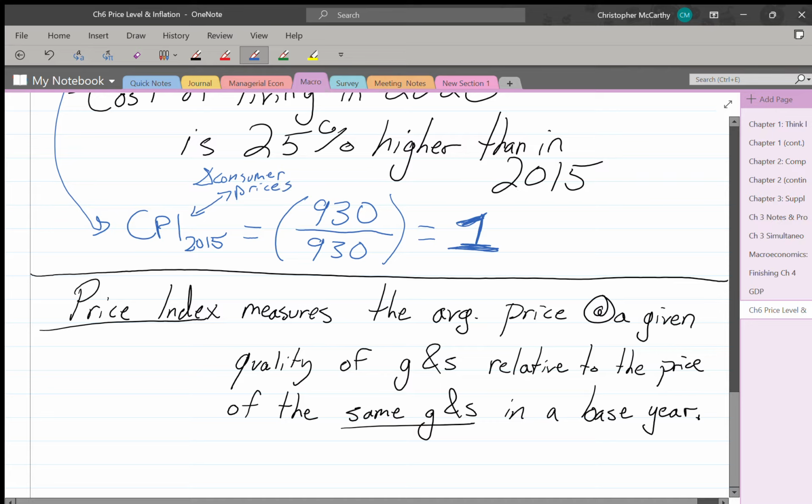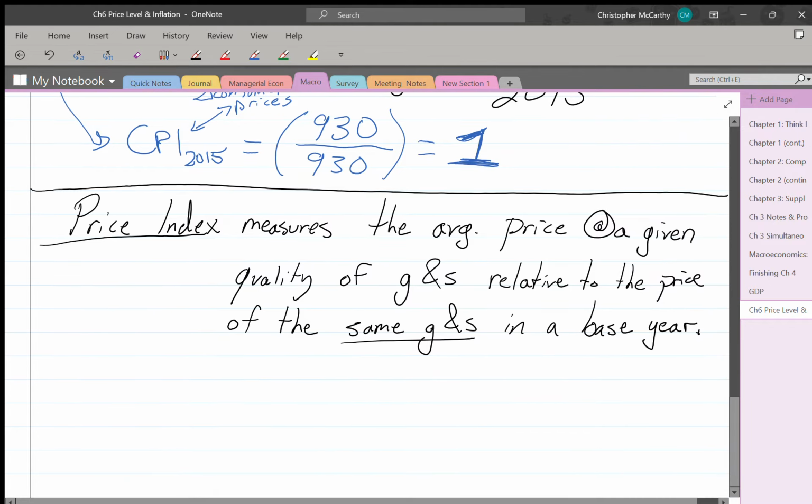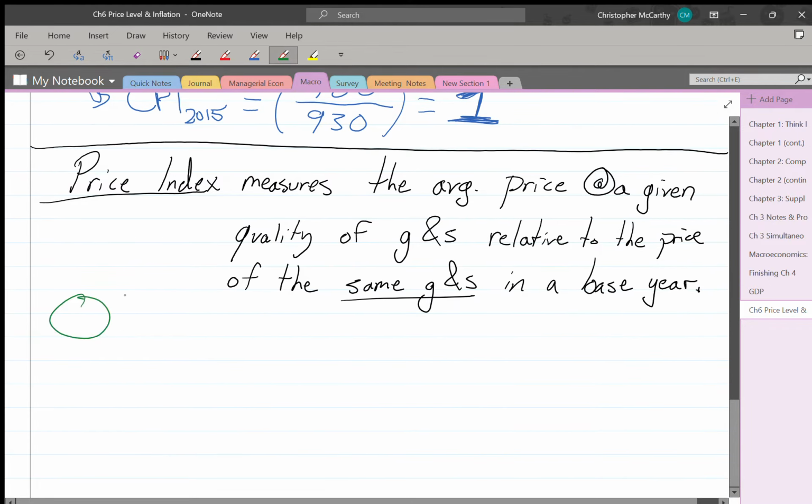But there are other types of inflation indices that we will hear mentioned in the news a lot. So let's talk about them real quick. One of the main ones we hear about a lot is the core inflation rate.